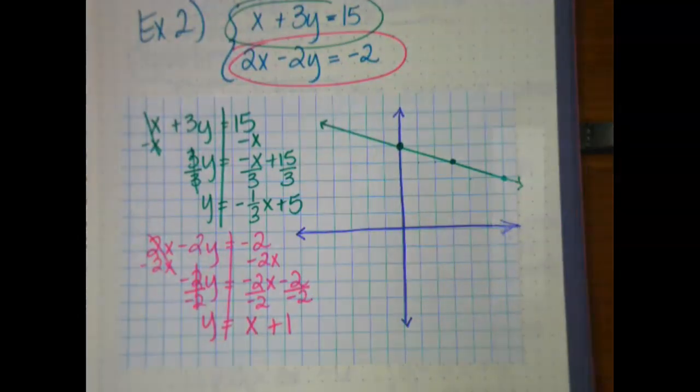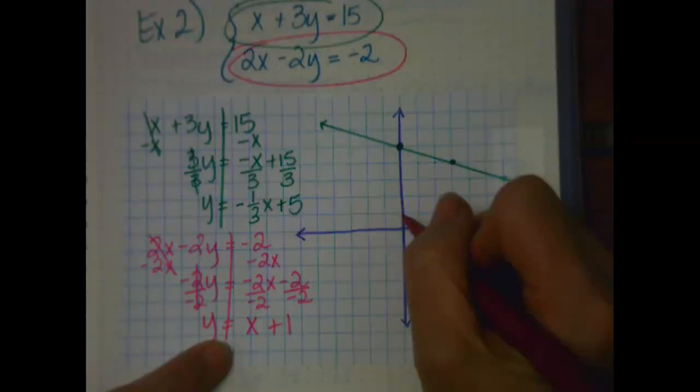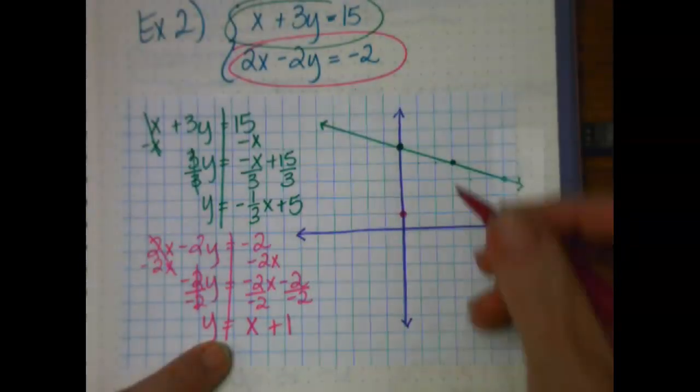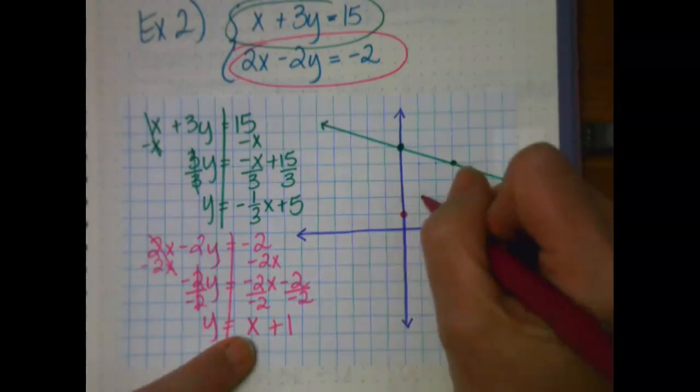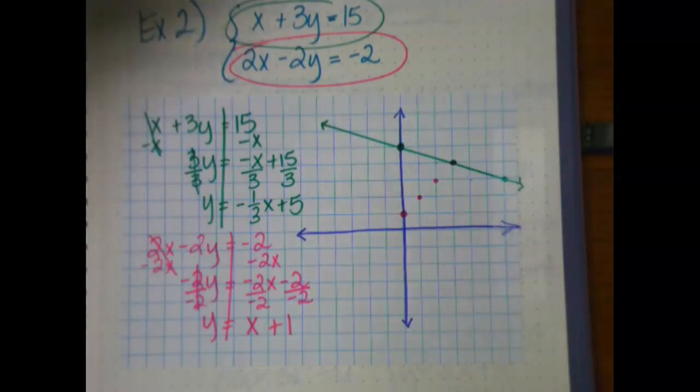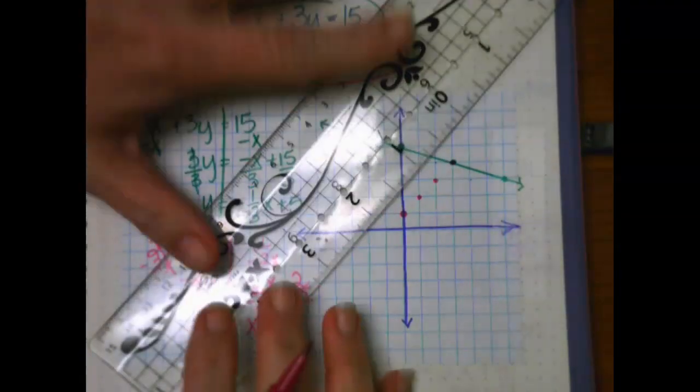Okay, my next line, this one here, y equals x plus 1, so my y-intercept is positive 1, and it has a slope of 1, so it's going to rise 1, run 1, rise 1, run 1, rise 1, run 1. You can see where they're going to intersect.